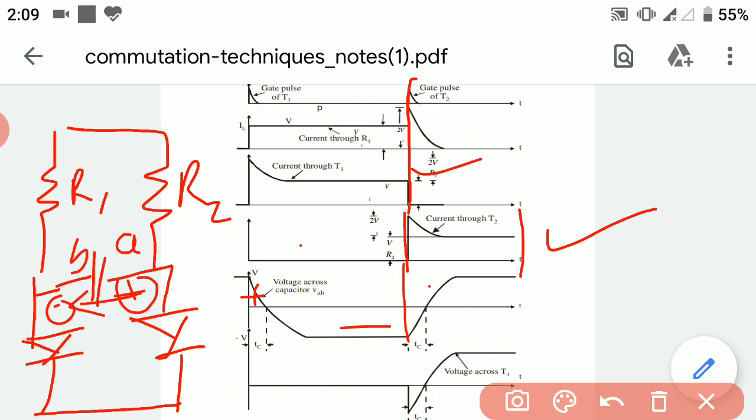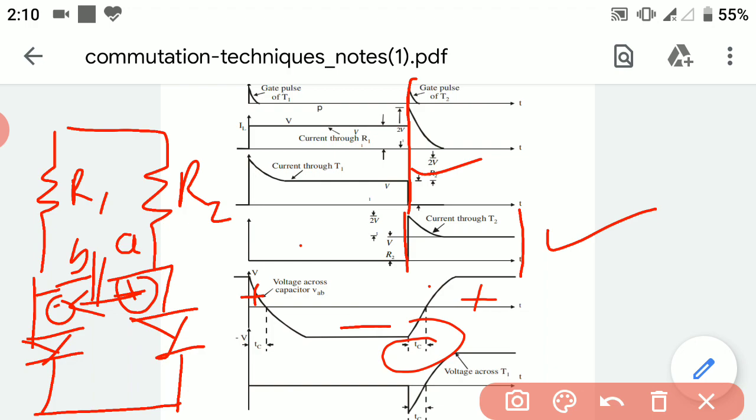Due to this negative polarity, the T1 thyristor is turned off, and this negative polarity also triggers the T2 thyristor to turn on. So we can observe the positive and negative polarities of the capacitor C. Here Tc is the actual time during which the commutation process occurs.